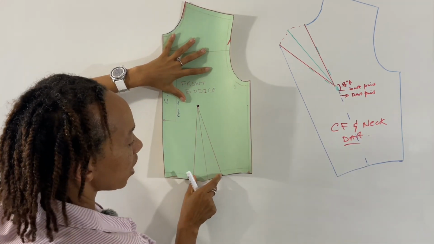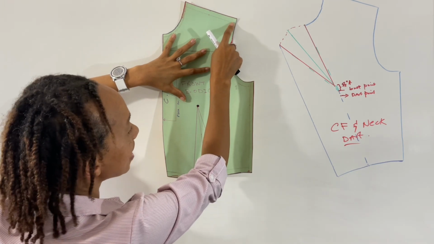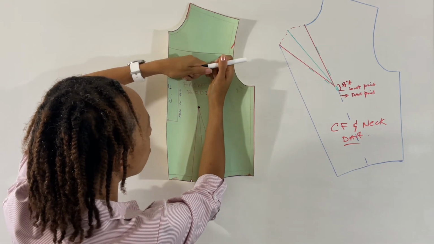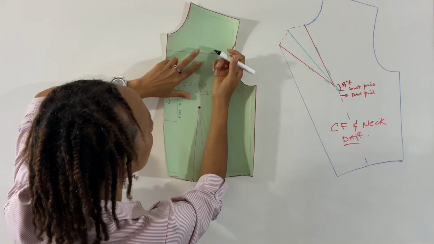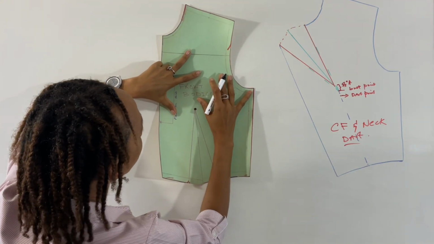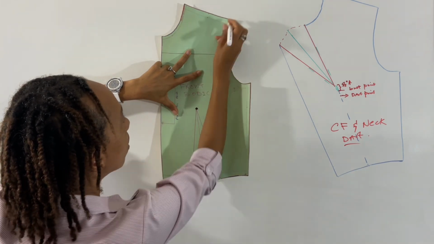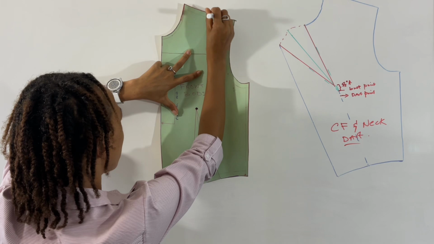So we're going to shift this dart up here, okay? So let's get started first by starting right where we're going to shift the dart to. Always do that, right? And I have my point here, and we're going to start here because we're going to shift it here.